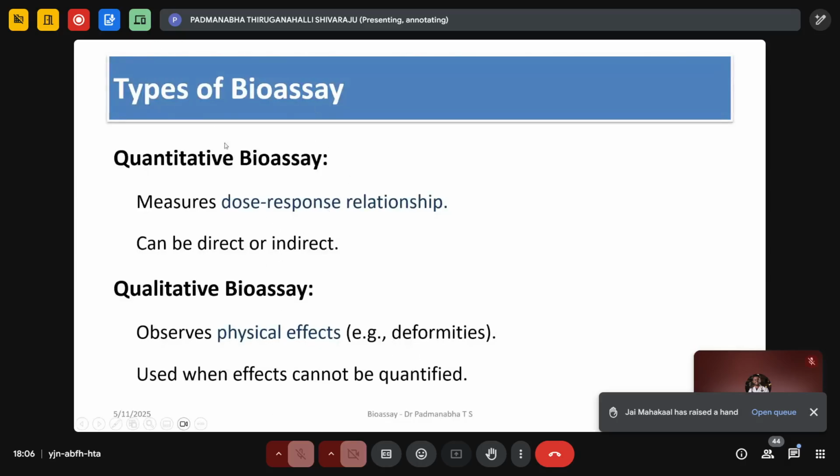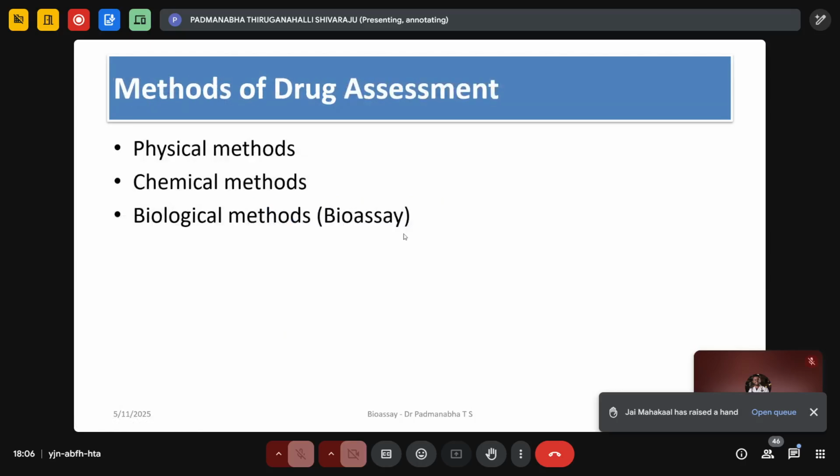So here, bioassay mainly, what we deal with here will be more of quantitative bioassay, where we'll get a dose response relationship. So coming to the methods of drug assessment. Usually when we assess any drug, these are the standard formats which we use in the assessment of the drug nature.